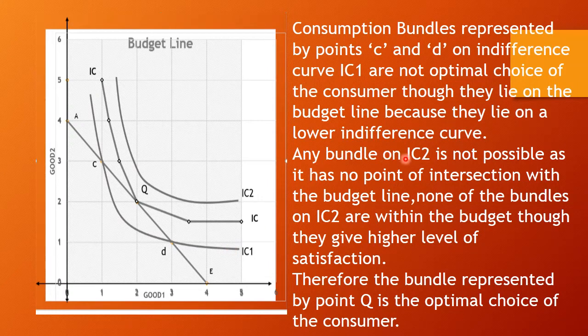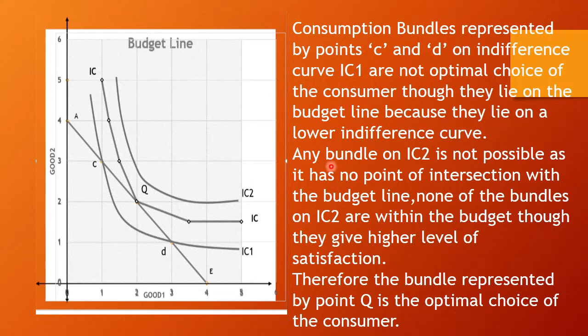Any bundle on IC2 is not possible because it is not within the budget. How do we know that? Because when we study the concept of budget line, we learned that any bundle represented outside the budget line is not affordable and not attainable.